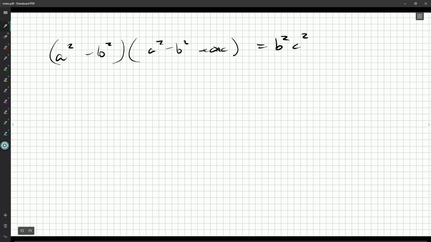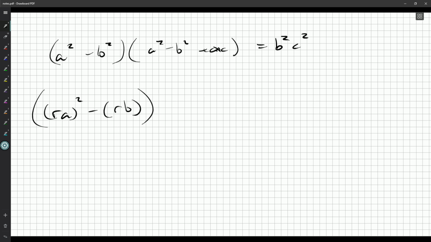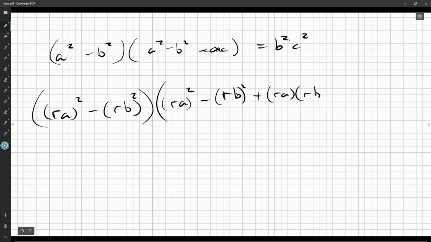And if I were to replace a with r times a, so if I were to scale it up with a similar triangle, and the reason I thought of this is because the only thing that really defines this relationship is the angles they give us at the start, so you can scale your triangle as much as you want. And the angles will stay the same, and so the relationship should stay the same. So we'll bring out a factor of r squared from this bit, and a factor of r squared comes out of this bit.